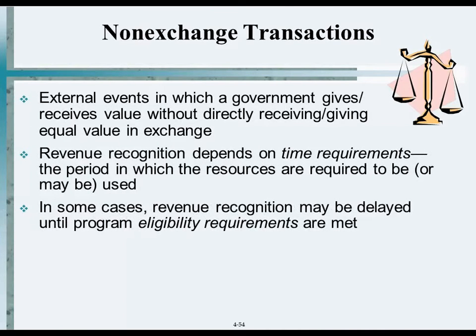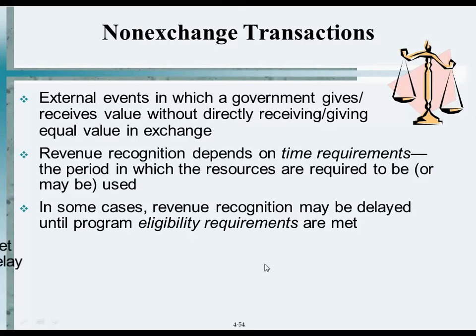So when do we recognize revenues under exchange transactions? When the transaction occurs, right? Very simple. All right. Non-exchange transactions, there are several different types. And in this case, the revenue recognition depends on time requirements, the period in which resources are required to be used. In some cases, it can be delayed until the requirements are met.